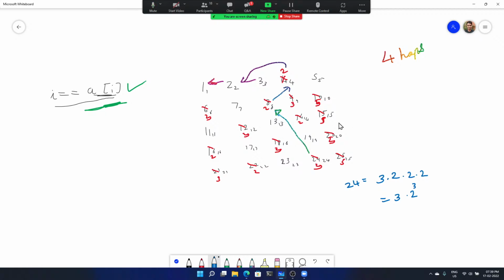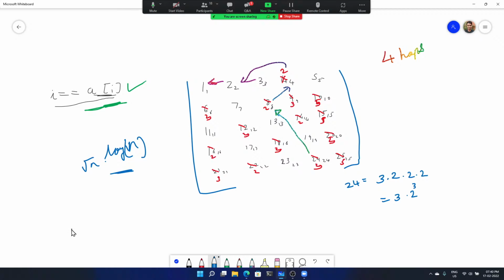We can do root n log n for building this whole thing, and that I'm not including. I'm just asking, if this is built, what is the complexity of finding the answer for one factorization?